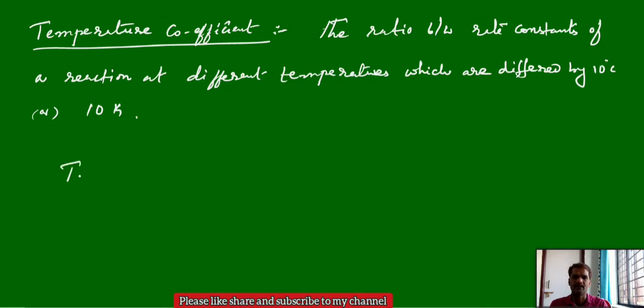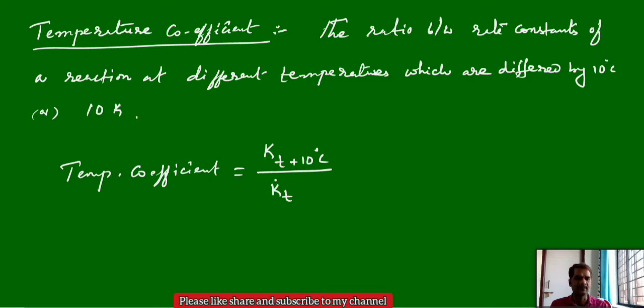Means we can write like this: the temperature coefficient is equal to the rate constant at a temperature T plus 10 degrees divided by the rate constant at a temperature T. So they differ by 10 degrees centigrade.